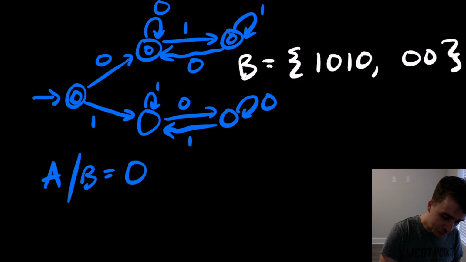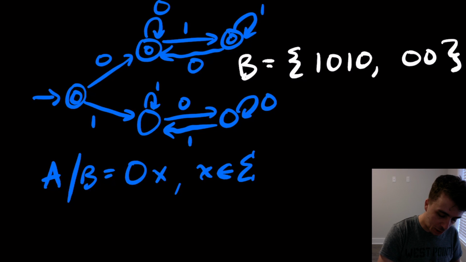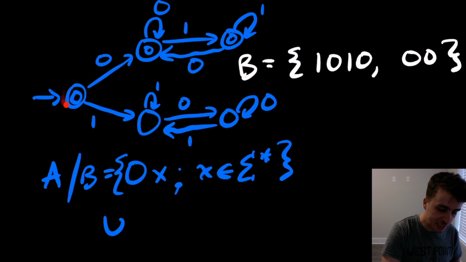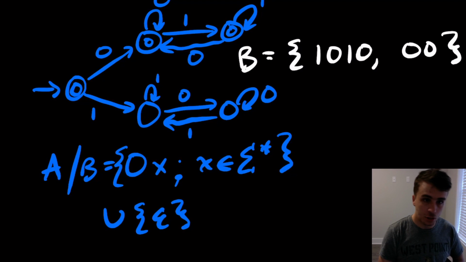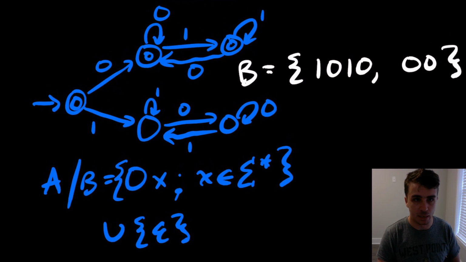I can write it as 0x, where x is in sigma star, because it could be anything. And then union the empty string, because this state is final. So the set containing epsilon. So the language that can result from division here can be completely different from the other ones.